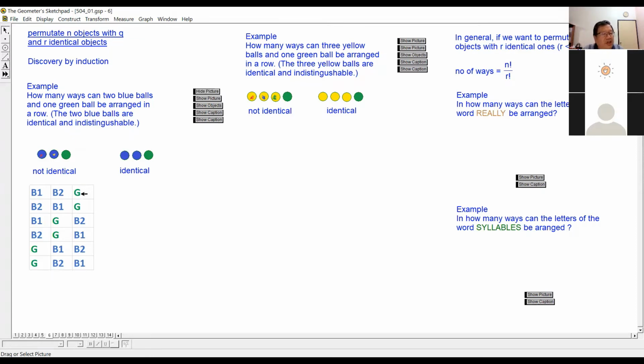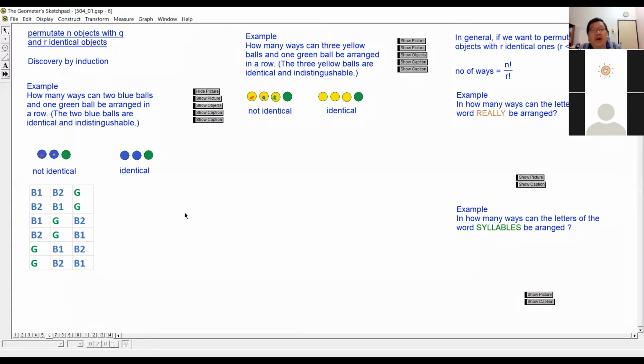B1, B2, G. B2, B1, G. B1, G, B2. B2, G, B1. G, B1, B2. G, B2, B1. These are the number of ways in which I can arrange two blue balls and one green ball.